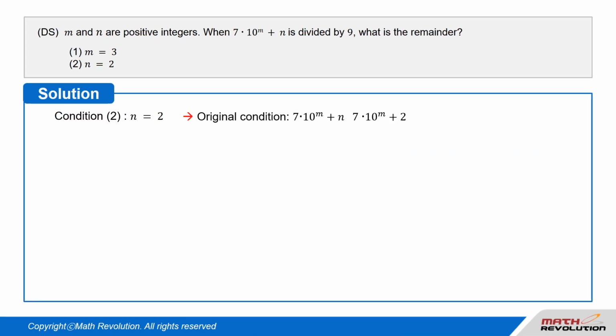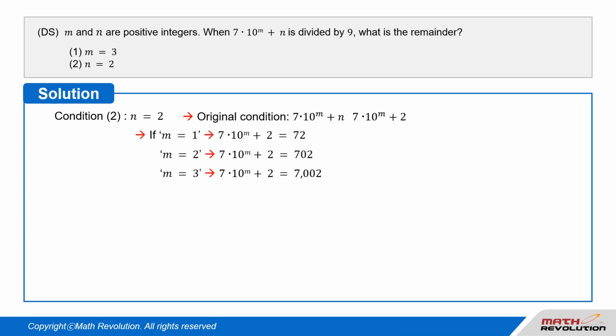Condition 2 tells us that n equals 2. If we plug this into the equation, we get 7 times 10 to the power of m plus 2. If m equals 1, we get 72. If m equals 2, we get 702. If m equals 3, we get 7002. In all of these cases, the sum of the digits is always 9.